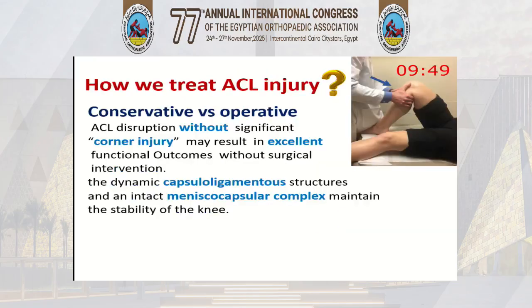Actually, how we treat our ACL patient is conservative management is still efficient. Yes, in patients without associated corner injury, as the capsular ligamentous and the meniscocapsular complex maintains the stability of the knee, so we can manage ACL patients completely conservatively with good functional outcome.